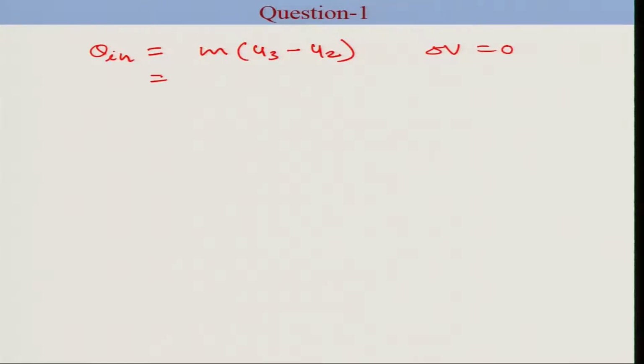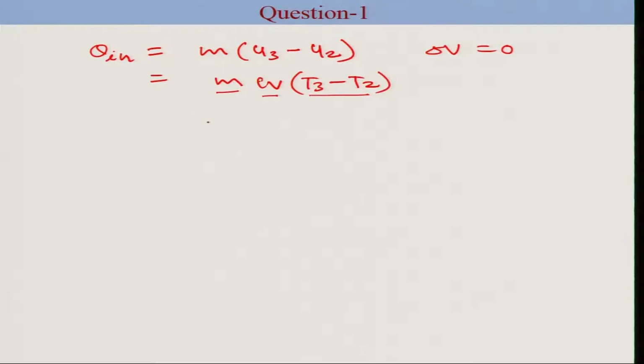Since air is behaving as an ideal gas, it will be reduced to m C_V times T3 minus T2. Now, we need to know m and C_V, which we can get from the air properties table. T3 and T2 we know already.